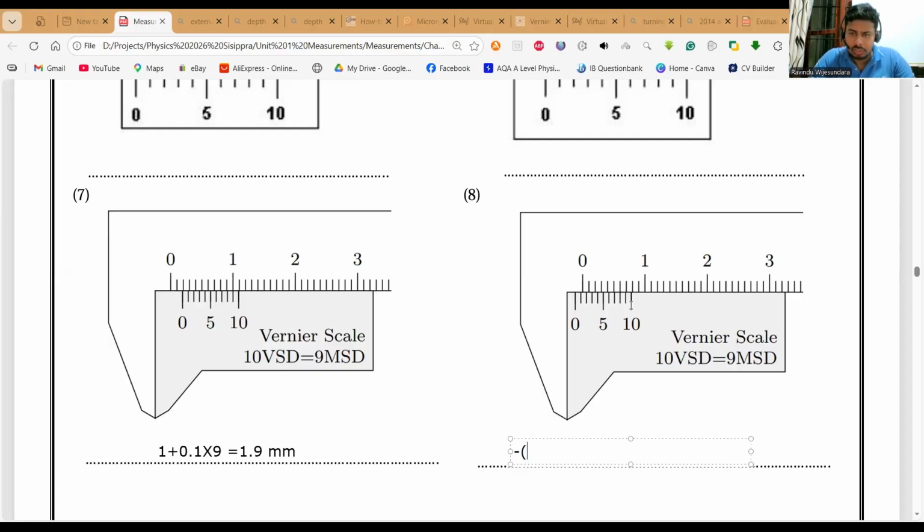The first mark is also completely passed. That means your error should start with 1 plus 0.1 multiplied by the number of divisions, the second division coinciding, 0, 1, 2. The second division is coinciding. Therefore, this is minus 1.2 millimeters.